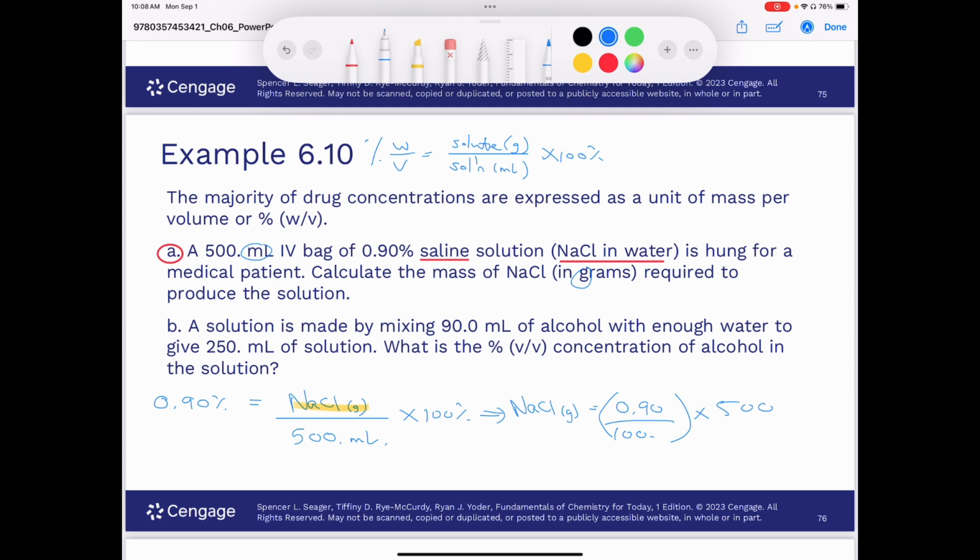So we take 0.9 divided by 100, 0.009 times 500, and that gives us 4.5. So the mass of sodium chloride is going to be 4.5 grams. So we have 4.5 grams of NaCl in the 500 milliliters of our solution.